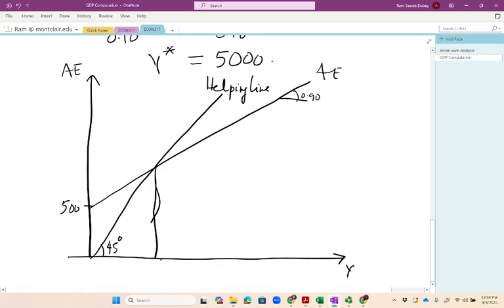So if you had drawn this graph to scale, it would show up as 5,000 as being the point of intersection. So Y star turns out to be 5,000. Again, using the graphical technique which relies on the idea of helping line. And this is a good point to stop.